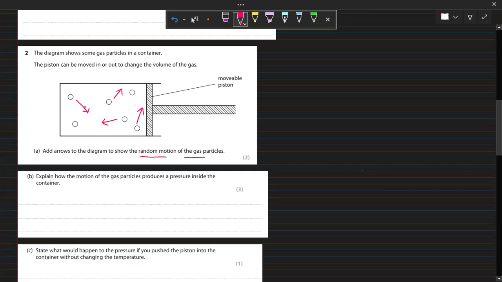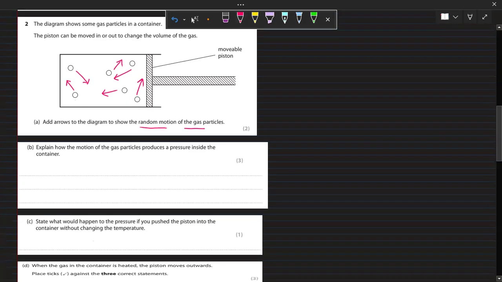And it's not necessary to touch the arrows to the particles, okay? Right? And they must be in different directions, okay?